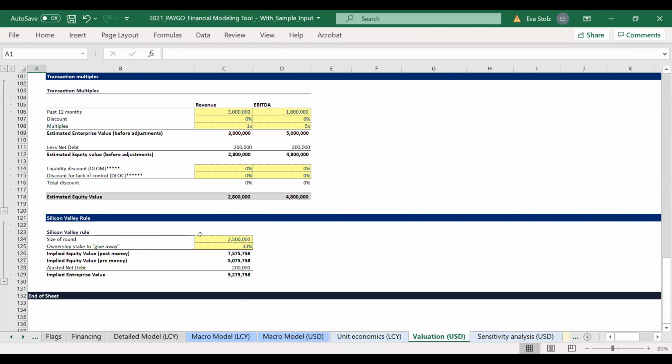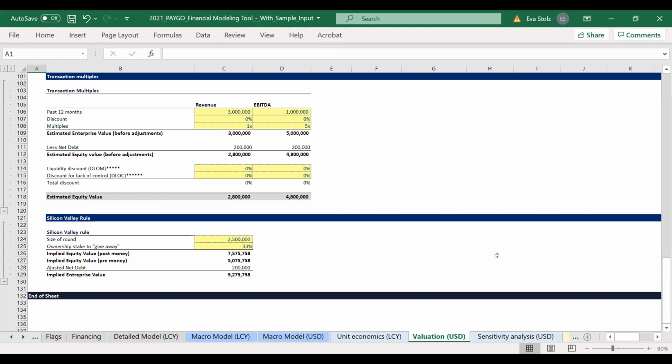Say you want to raise 2.5 million and you want to give away 1/3 of the shares. That means the implied pre-money valuation, that is the valuation before any additional injection of capital, should be roughly 5 million. This way, after the fundraising round, the new investors get roughly 1/3 of shares.